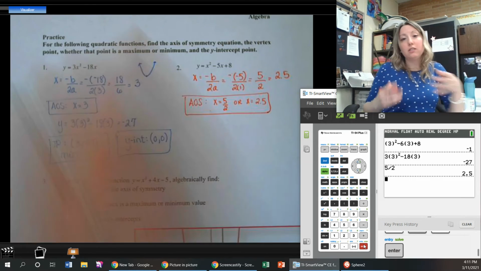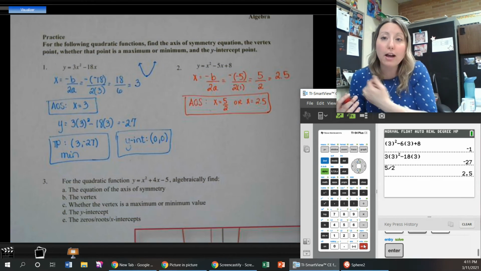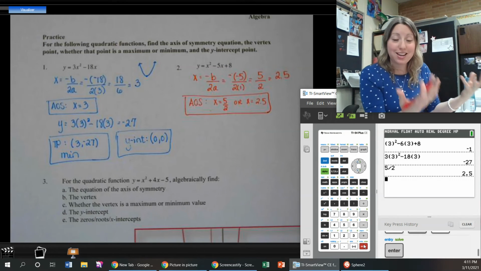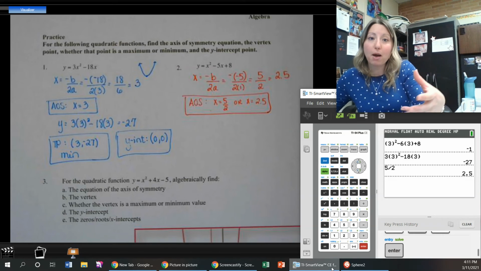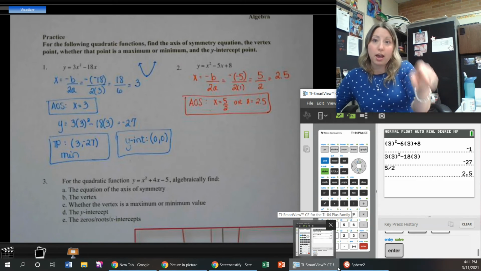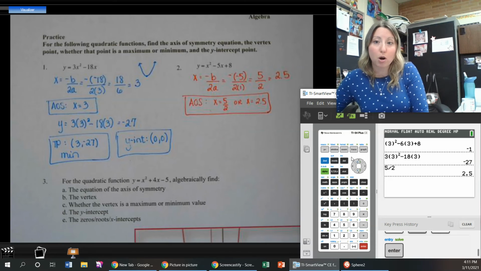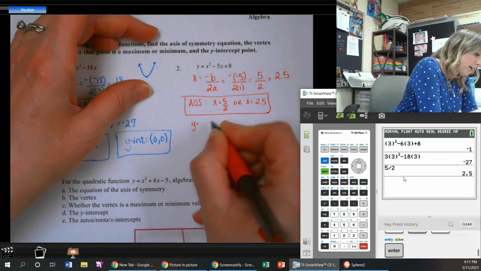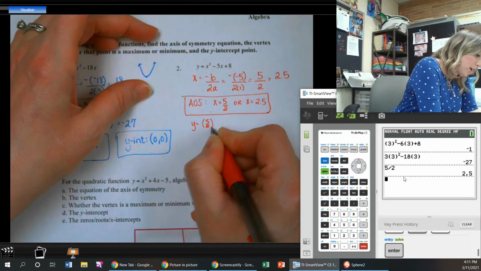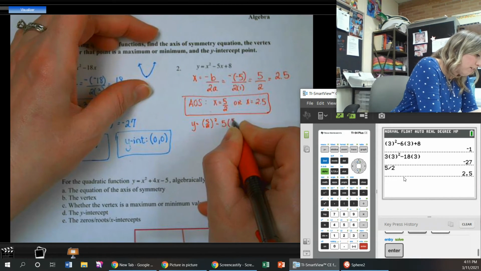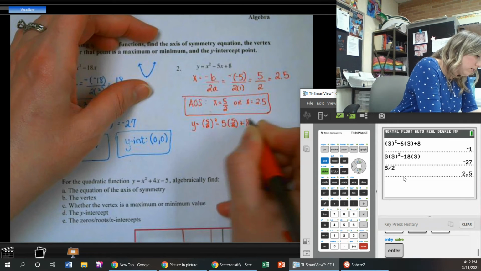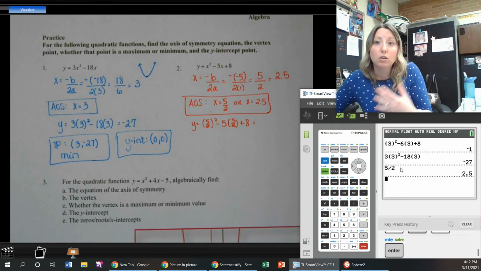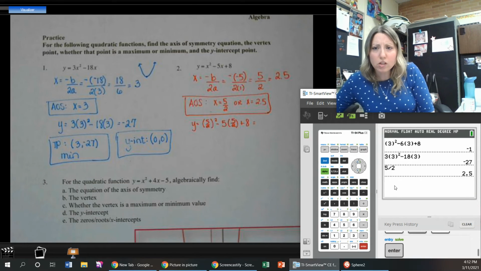Now, what that does mean is, yes, I have to plug that fraction in multiplied in the original equation to get my matching y for this axis of symmetry and turning point combo. So let me write it out first. I went to go plug it into my graphing calculator, but let me write it out first. 5 halves squared minus 5 times 5 halves plus 8, likely going to give me a fractional or decimal y value as well. Let's take a peek.